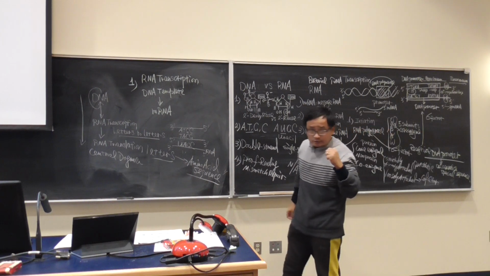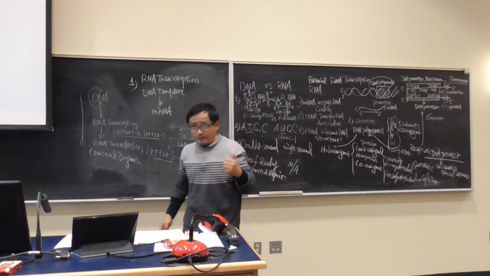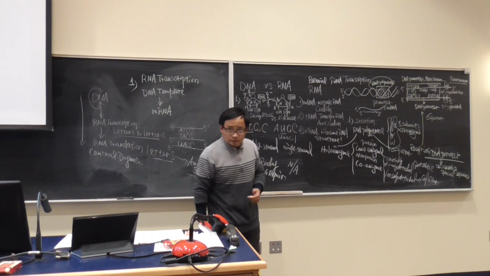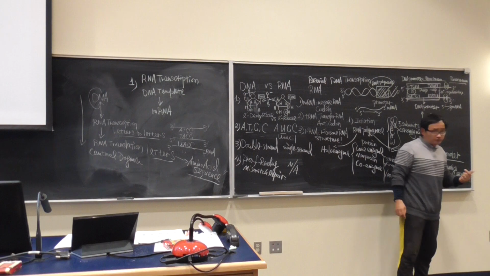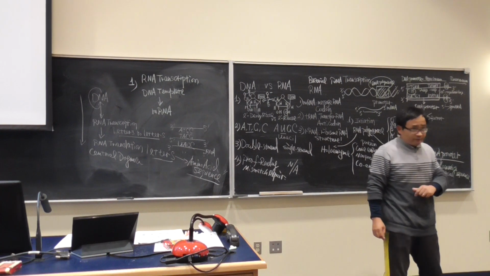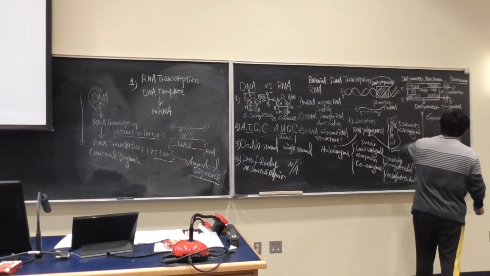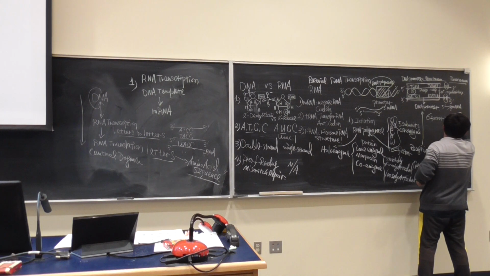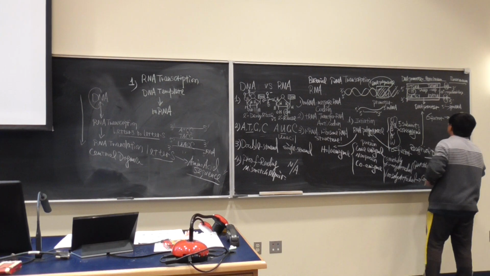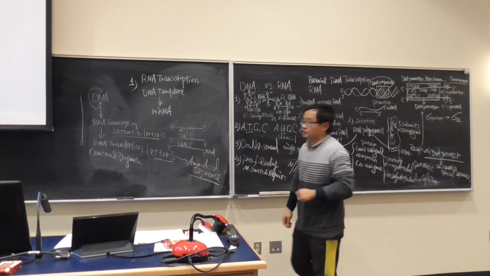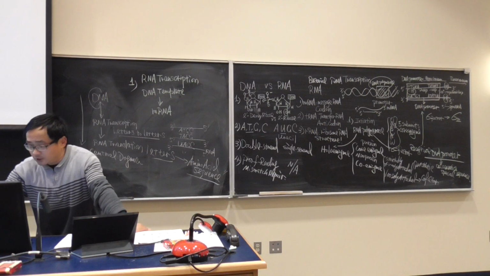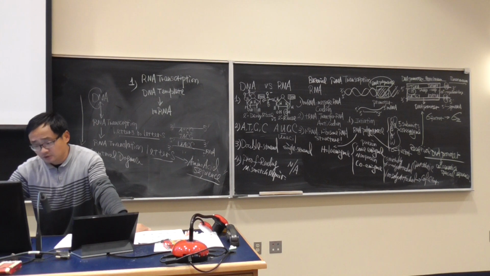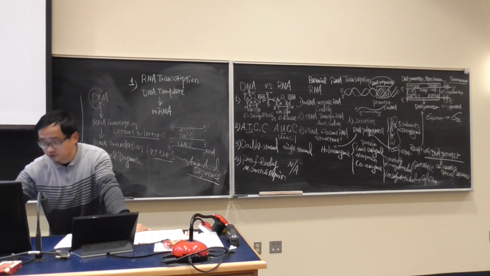Now, this is a standard for bacteria in normal life. And people find bacteria in a different situation have different sigma factors. For this one, it is always sigma 70. If in a heat shock response, it is sigma 32. Their sequence is different.